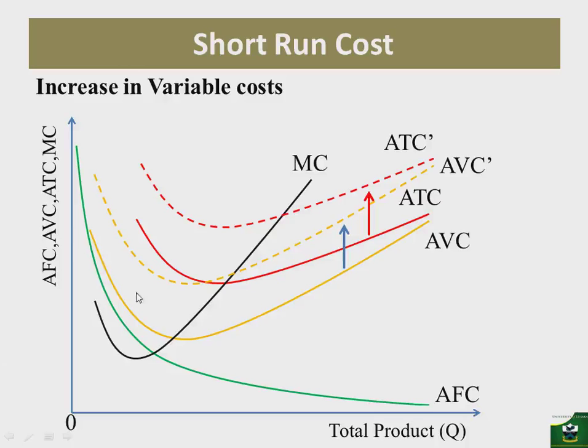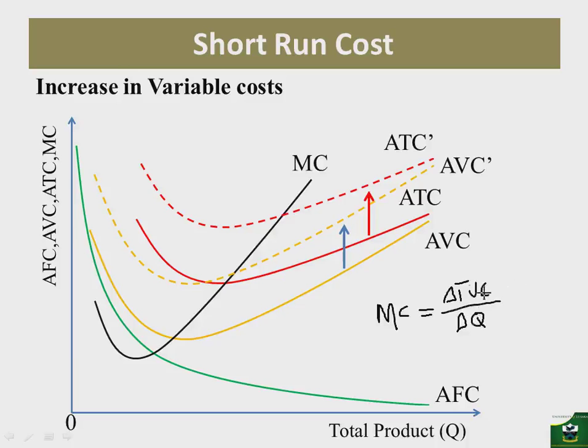Now, because marginal cost is a function of average variable cost, remember we said that our marginal cost is equal to change in total, we are in the short run, so change in total variable cost divided by the change in output.